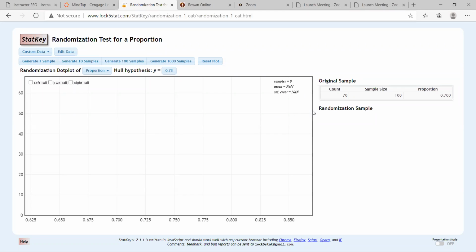We're not sure which way it's different, but we're quite sure it's different than 0.75. So when we have an alternative hypothesis that says not equal to, that is a two-tailed test. Did we do a two-tailed test yet? I don't think we've done one yet. We've done a left-tailed test and a right-tailed test. So we're going to do a two-tailed test here.